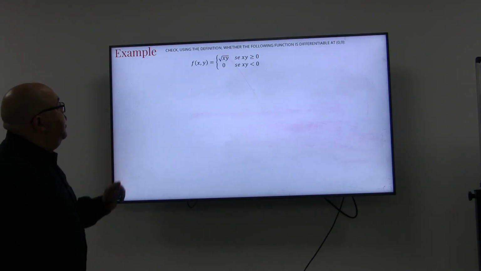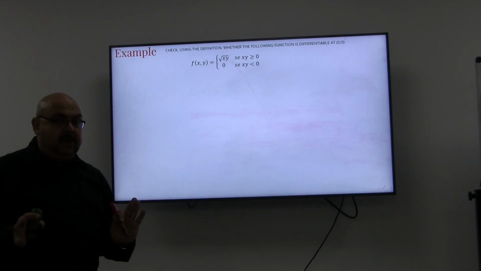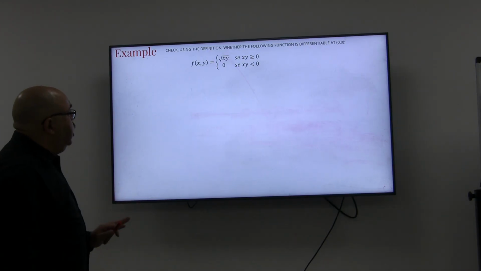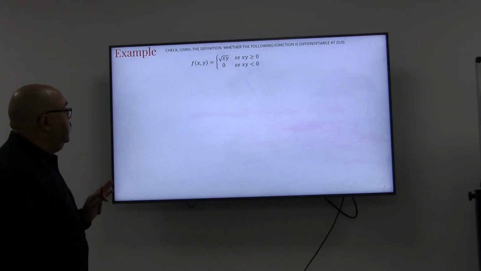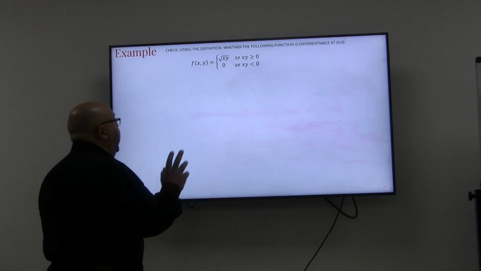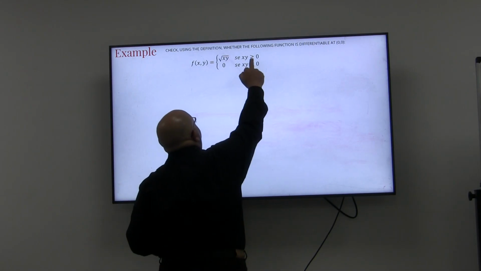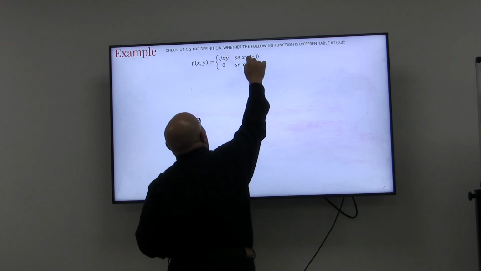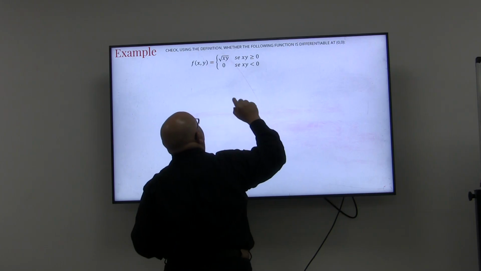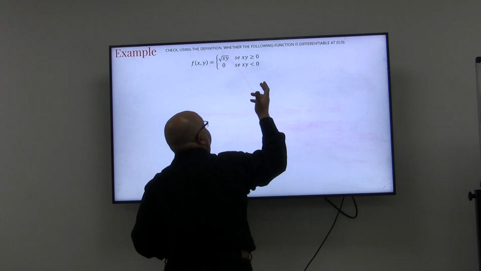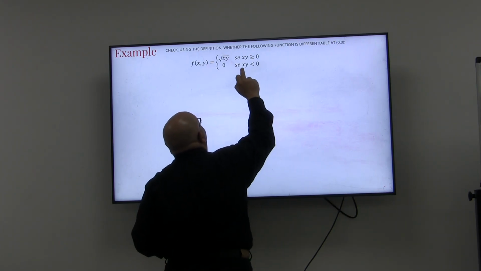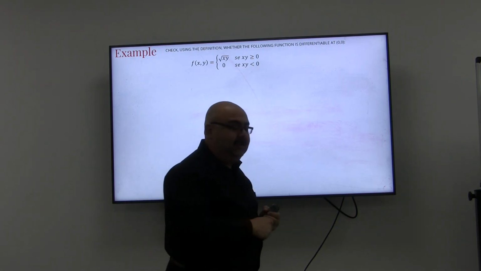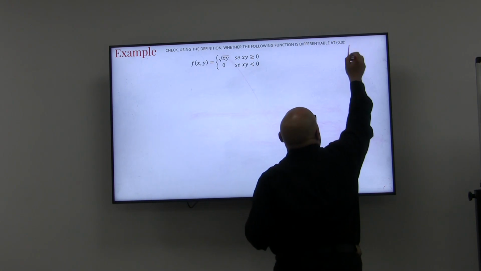Once more, that's another problem with the same direction and the same check. I want to check if the function is differentiable or not, but remark that you have x times y greater than or equal to 0, which means this is the first and third quadrants, while if the values belong to the second or the fourth quadrant, I want you to take care of this issue or to remark this relation.